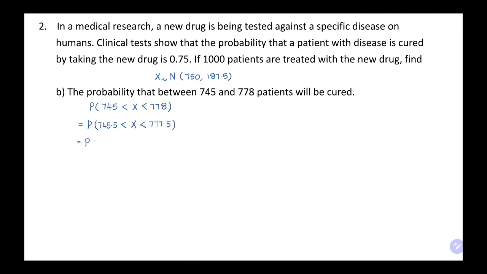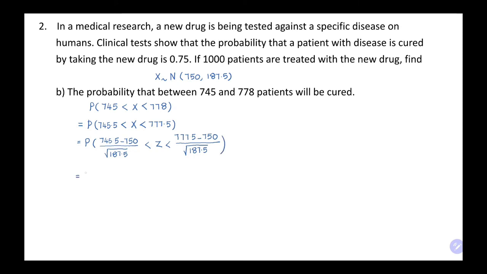After that, we convert to Z. Z equals 745.5 minus 750 divided by the square root of 187.5, and Z equals 777.5 minus 750 divided by the square root of 187.5.